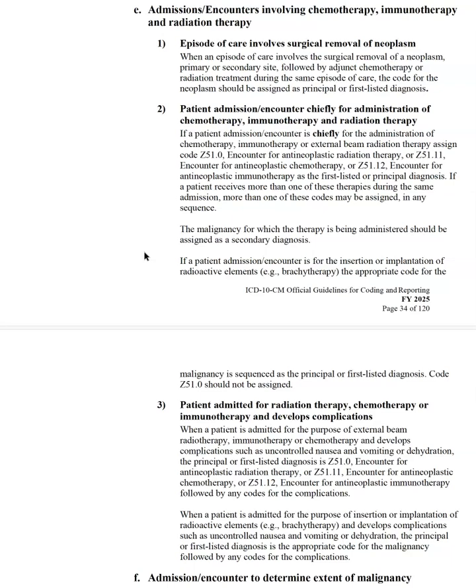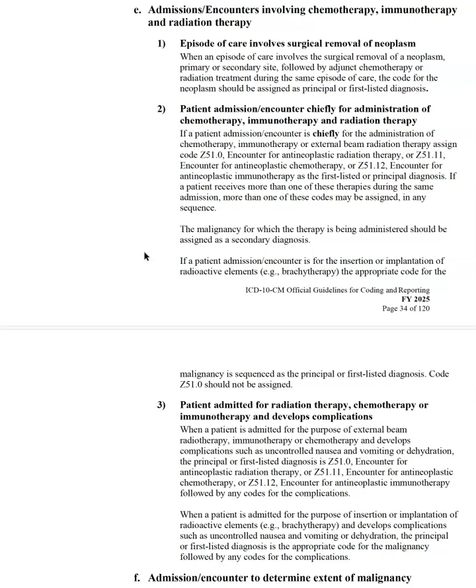If we're talking about outpatient, first listed. If you're talking about inpatient, principal. Right now we've been focusing on outpatient, and so if care involves the surgical removal of a neoplasm, that neoplasm code should be first.